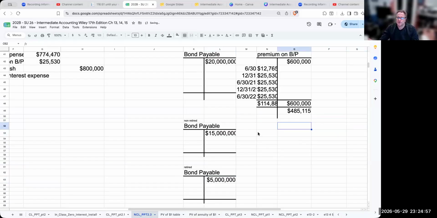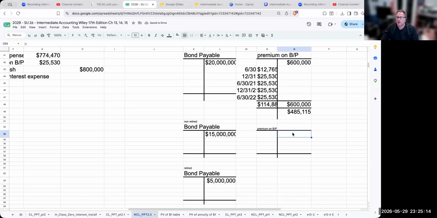So what I want to go ahead and do with this premium on bond payable is to say to ourselves, well, my premium on bond payable at this point in time, I'm going to take my non-retired, I'm going to take this times 75%.